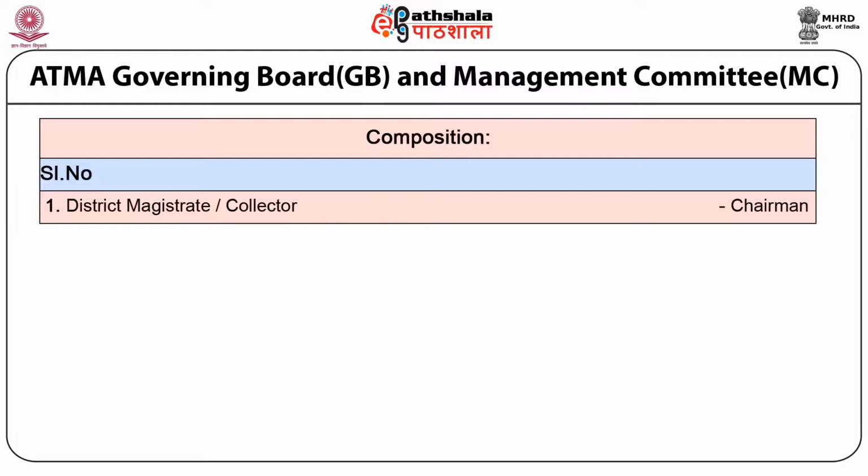And the role of the district magistrate is to ensure all these actors of development, or the members of this governing board, come to one particular platform and discuss development. So that is the basic objective with which the district magistrate or the collector has been nominated as the chairman of ATMA at every district.